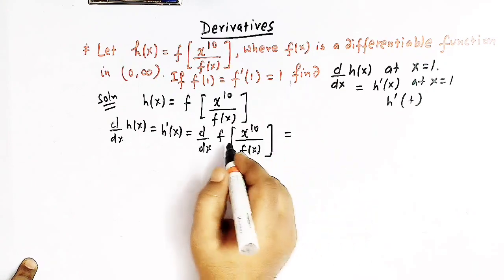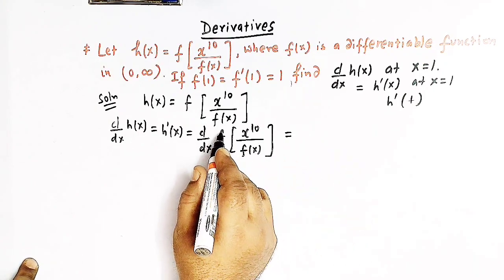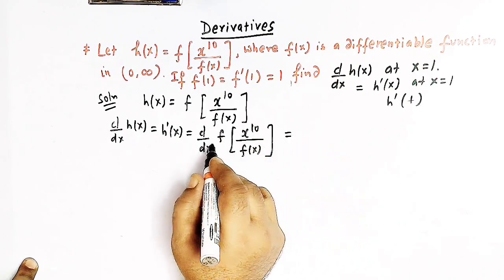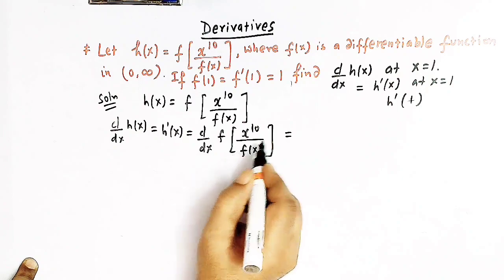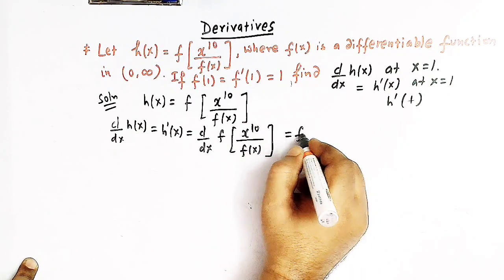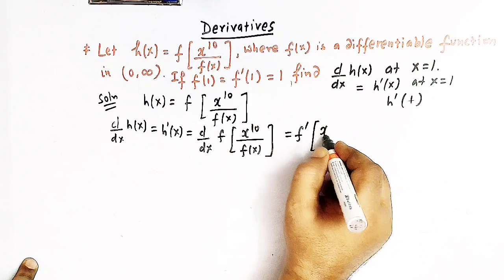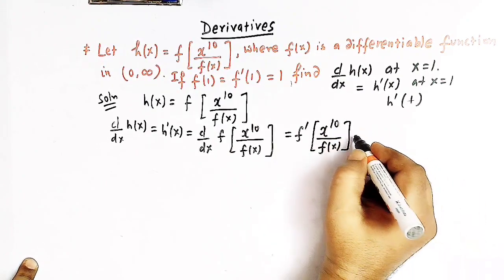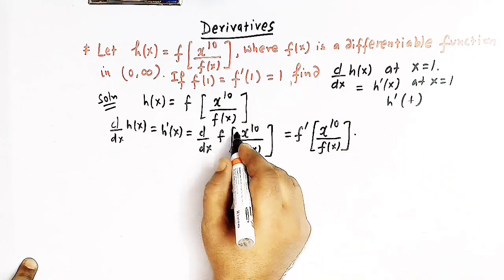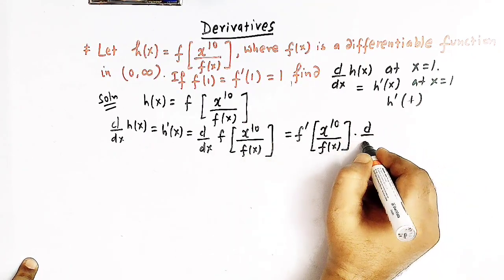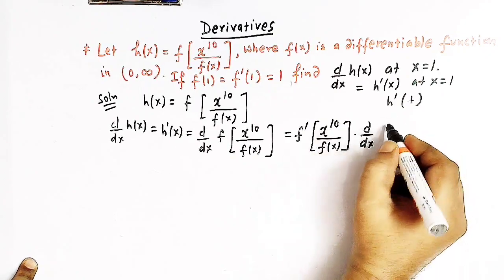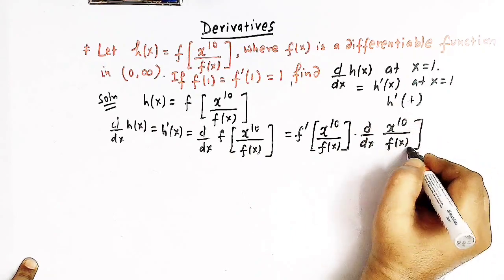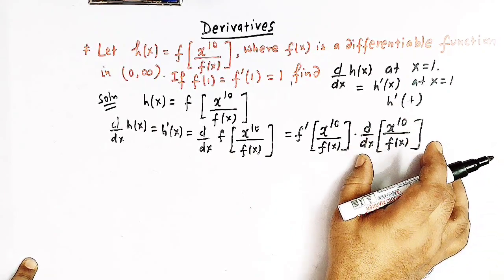What we will do here, we'll first find the derivative of f with respect to this quantity, which is f prime of x raised to 10 divided by f of x. Then by chain rule we'll differentiate the quantity x raised to 10 divided by f of x using the quotient rule.